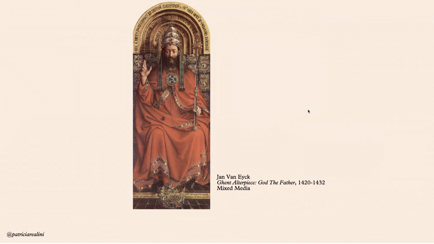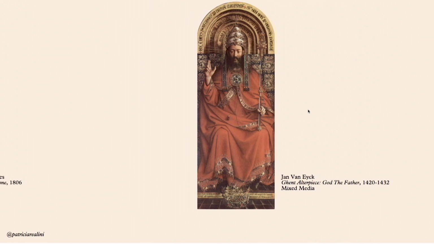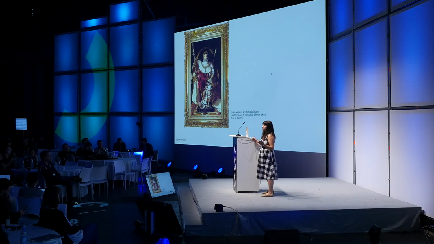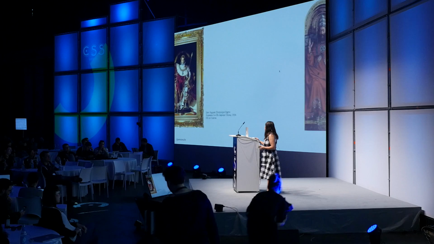God the Father is a panel within an altarpiece with multiple panels, and you can see the similarities between God the Father and Napoleon. And we continue to use these similar patterns in CSS with the prevalence of hamburger menus and these representations that we all understand and have a user experience that is cohesive, and everyone across the board gets that. And so I think that as a community, we should always be aware of those choices that are being made and what that means for the future generations of web development and the things that we're passing along.